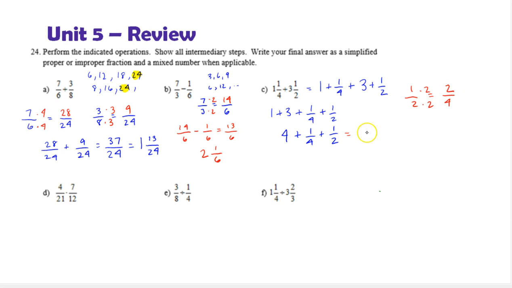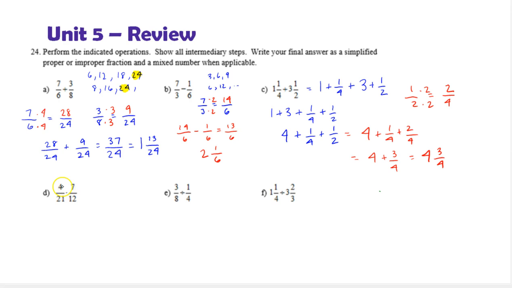So this equals 4 plus 1/4 plus 2/4. 1/4 plus 2/4 is 3/4. And now to write the original form for a mixed number, we don't include this plus sign. We'll just write this as 4 3/4. Let's look at the next one.